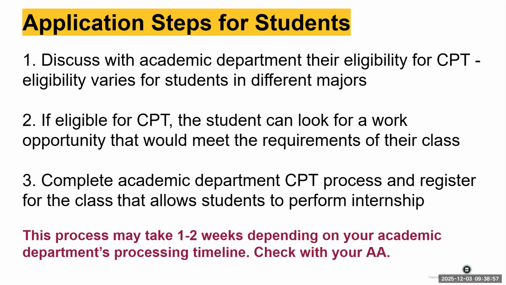For the application process, like I said, first talk with your academic department. Once you know you're eligible for CPT and you have all the different rules that your internship has to abide by, then I would say you go ahead and start looking for an internship.